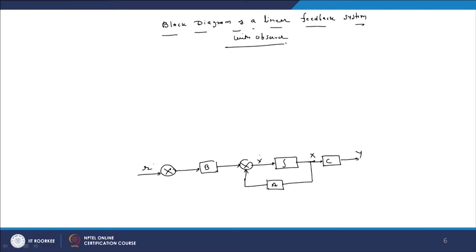In the observer, the states are represented by xc. So, here xc dot, now here xc, this is the integrator. Now, here is C matrix, here is ye.